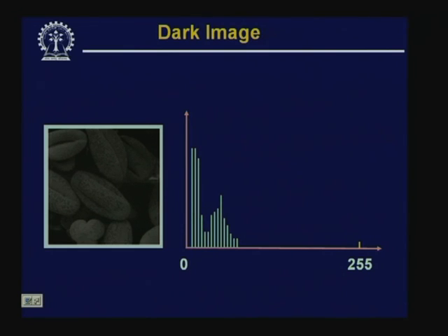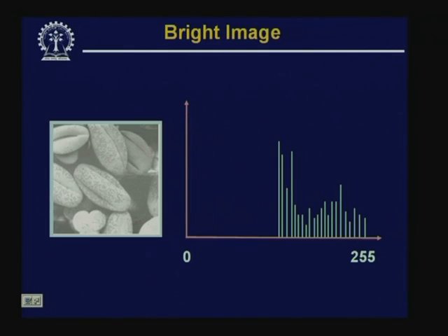Then the second one that we have shown is a bright image or a light image, and again from this particular histogram you find that most of the pixels in this particular image have intensity values which are near the maximum value, that is 255 in this particular case. Since all the images in our application are quantized, where every pixel is quantized with 8 bits, the intensity levels will vary from 0 to 255.